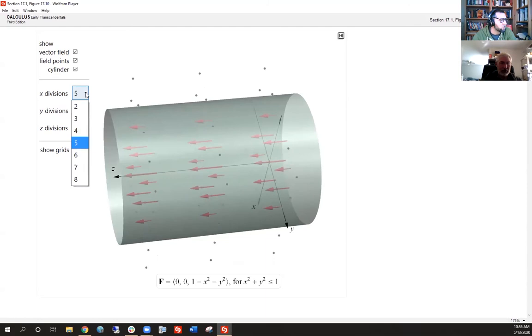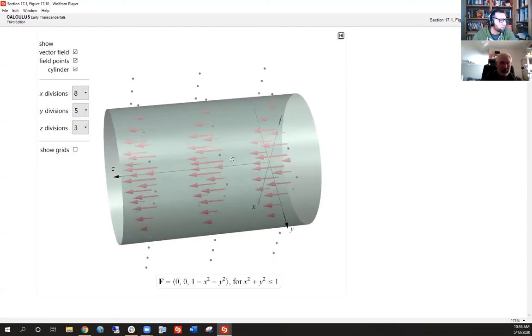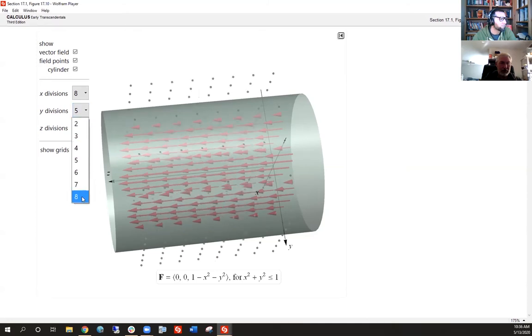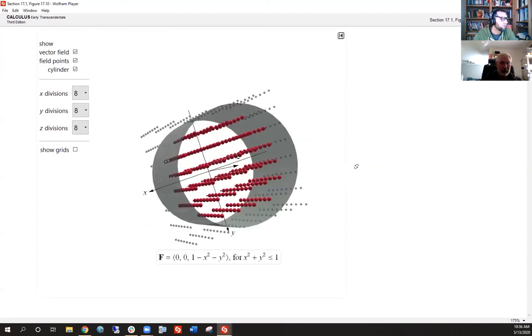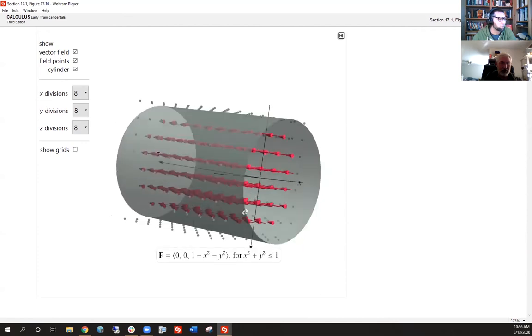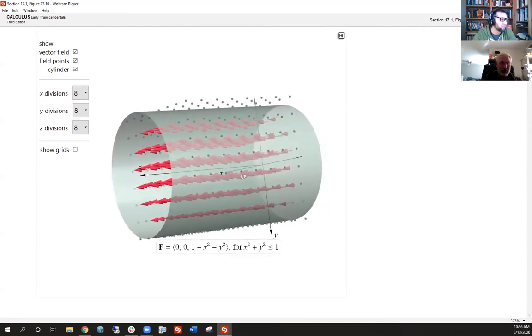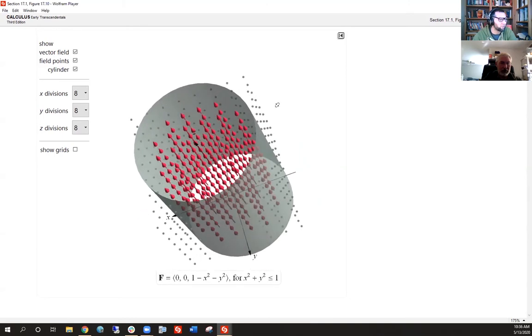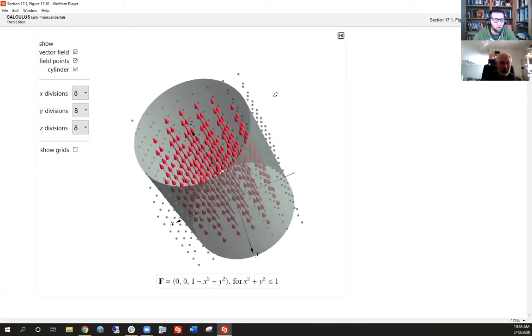It's sort of like that channel scenario that we had before, where notice you have the slower flow at the edges and the faster flow in the middle. And should be clear, all the stuff's going the same direction. But again, the 3D pictures are really not terribly helpful because they're just so busy. There's so much going on. It's hard to know what's happening.